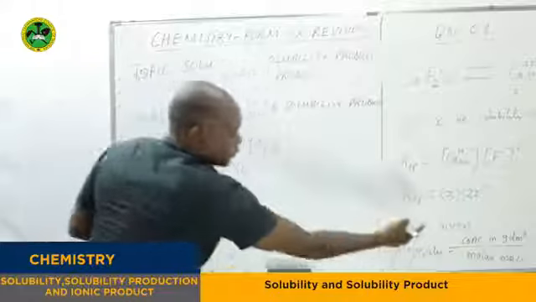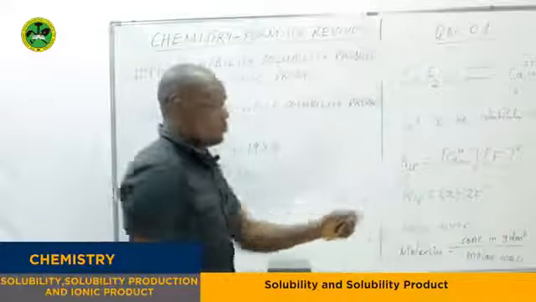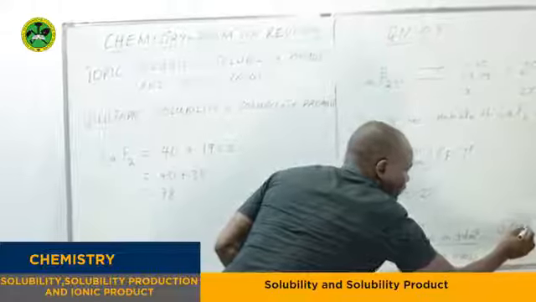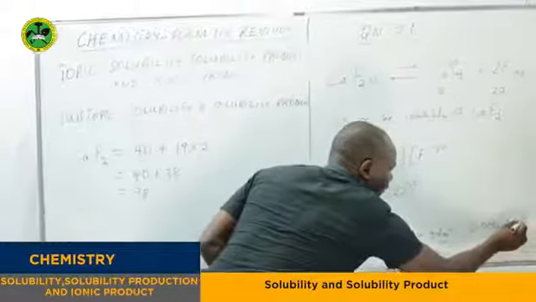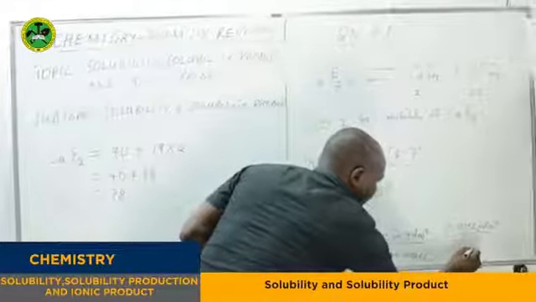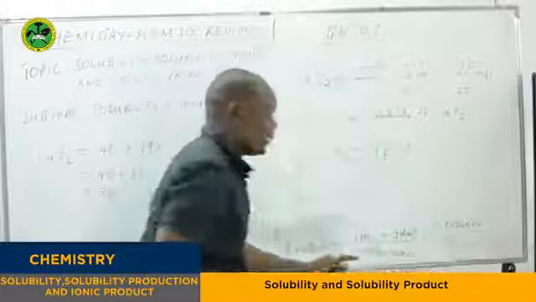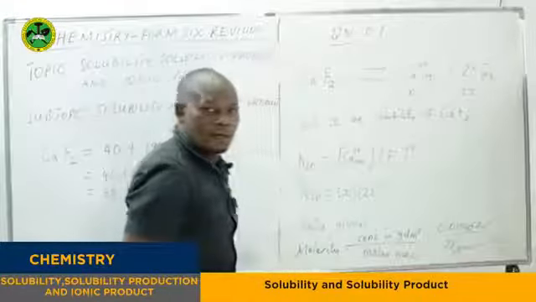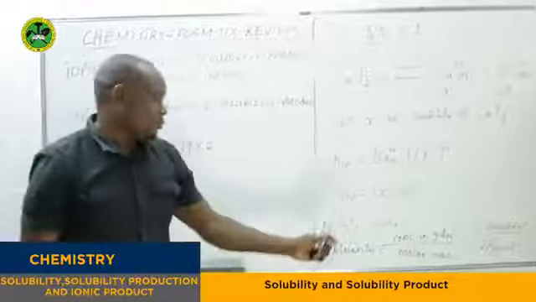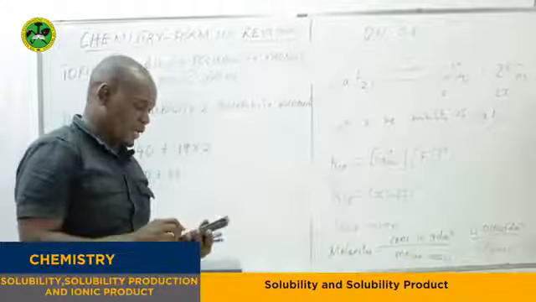Now if we substitute into the equation, the concentration in gram per decimeter cubed we have been given is 0.0156 gram per decimeter cubed. Then you divide by the molar mass, which is 78 gram per mole. Grams will cancel with grams, so you remain with the units of moles per decimeter cubed. Now, my dear students, you can take your calculator and calculate the molarity of calcium fluoride in moles per decimeter cubed.